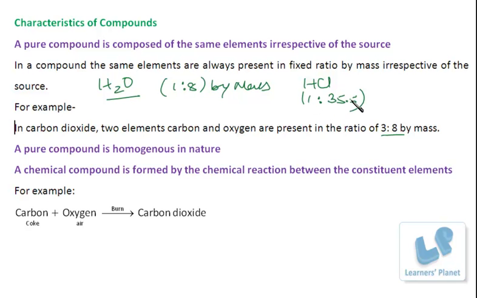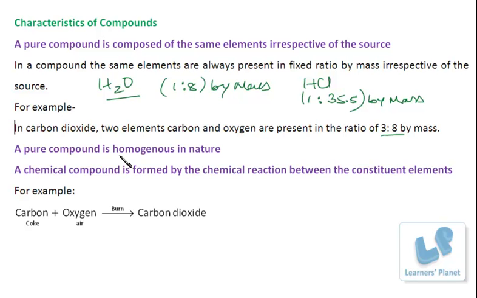So hydrogen and chlorine in hydrochloric acid are present in the ratio of 1:35.5 by mass. So, irrespective of the source, a compound is composed of the same elements combined in a fixed ratio. So this is another characteristic of compounds.